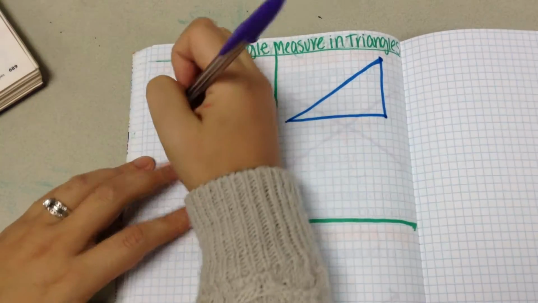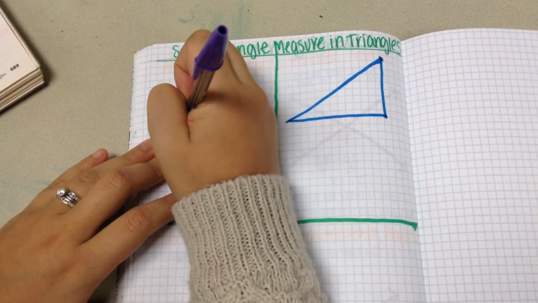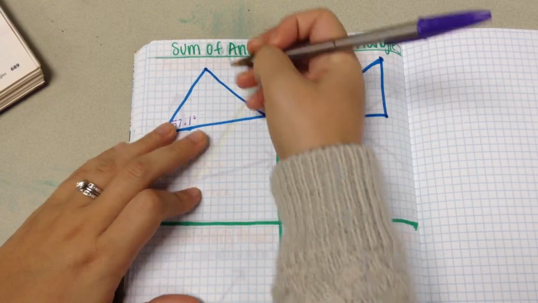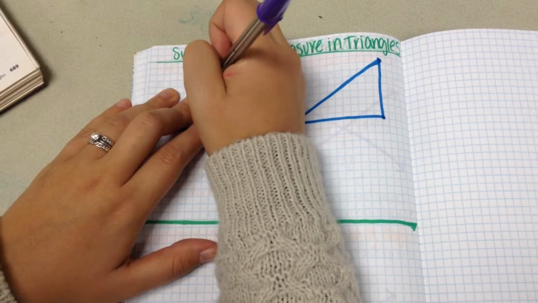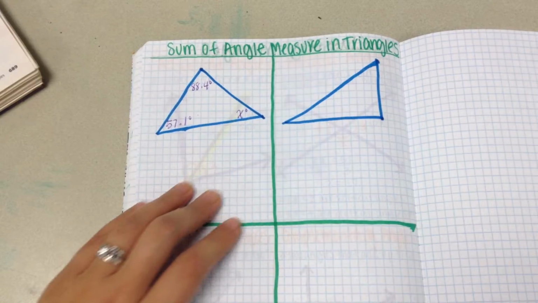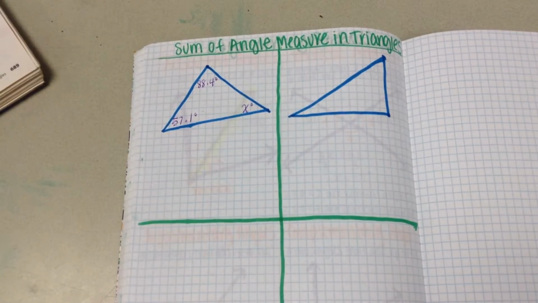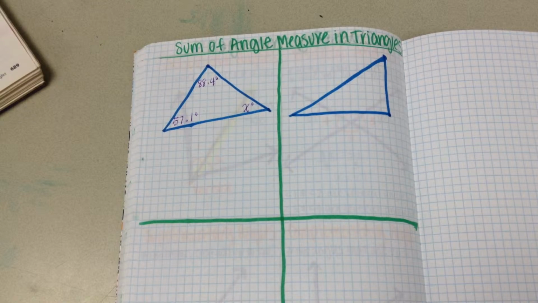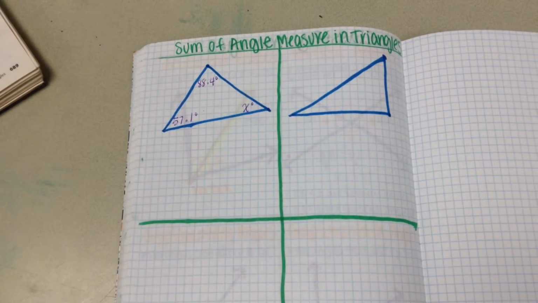So right here we're going to have 57.1 degrees. We're going to have 88.4 degrees. And then this is x. Okay? So here's something really important that you need to know. Please write this down.